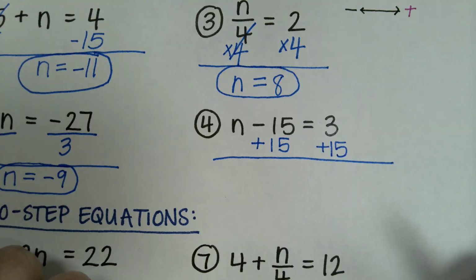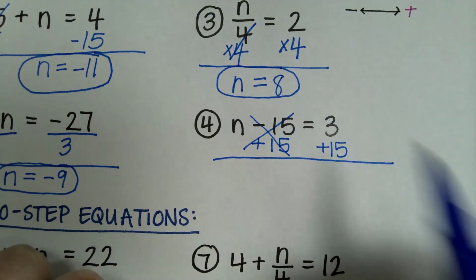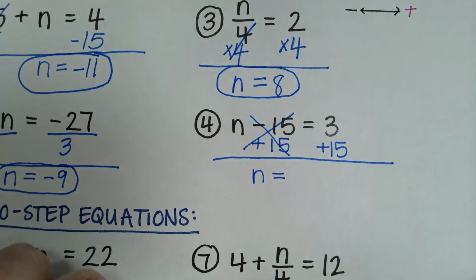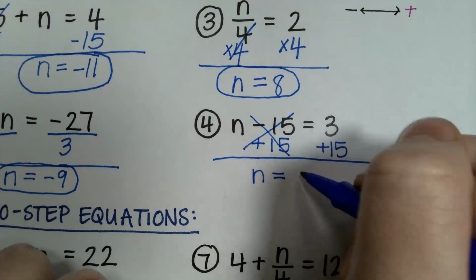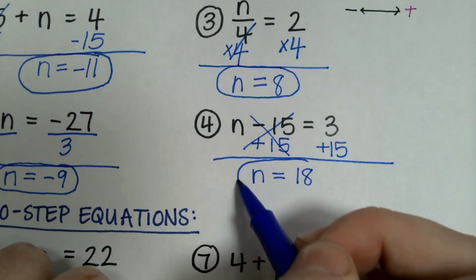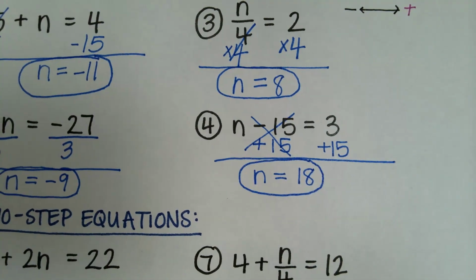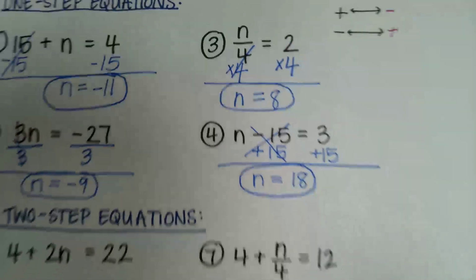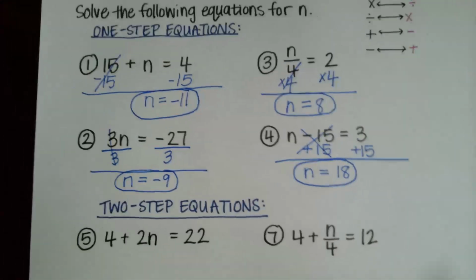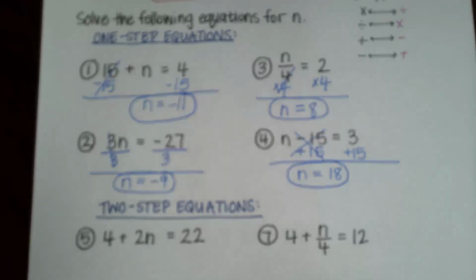Okay, what happens next? Yep, my 15s cancel out. Bring down my n. Good, bring down equals. Good, 15 plus 3 is 18. So there's my work, and I'm going to circle my answer. Good job. Any questions about that one? All right, and here I'll zoom out a little bit so Kiana, you can see the ones that we did before you got here. If you have any questions about those, just let me know.